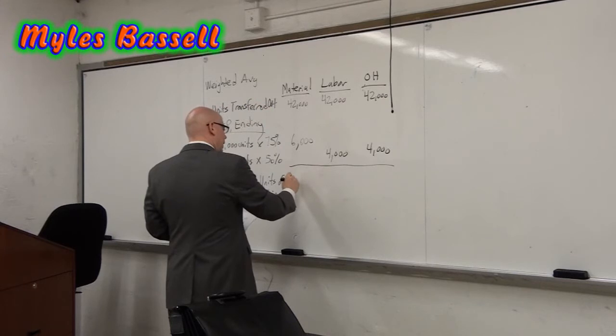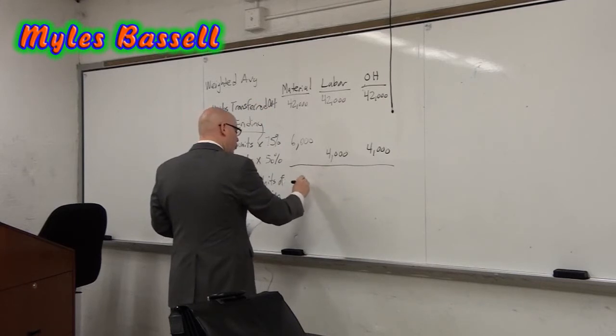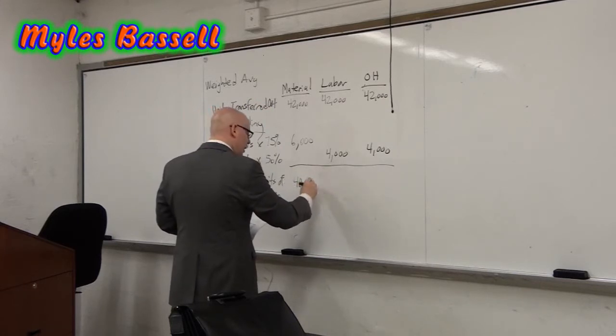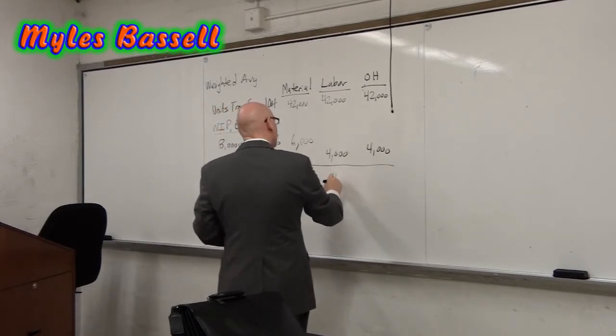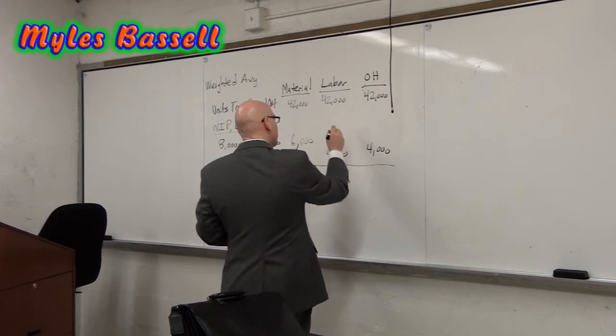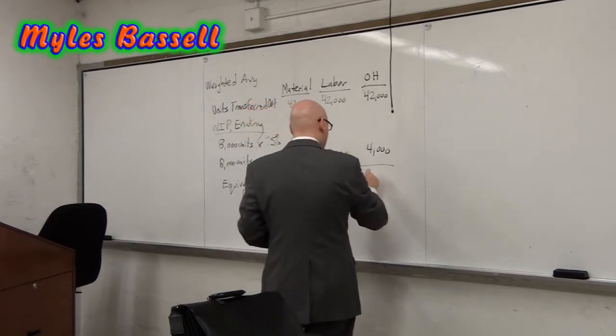So for materials, that gives us 48,000 units. We're going to look at dollars in a second. 46,000 equivalent units for labor, and 46,000 equivalent units for manufacturing overhead.